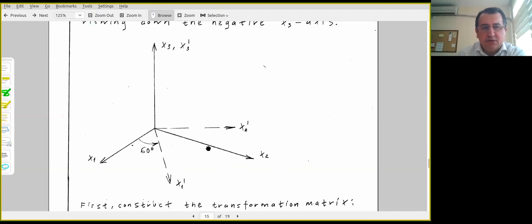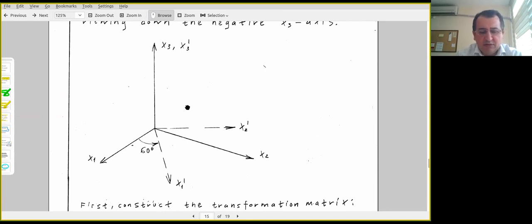That's our original coordinate system, x1, x2, x3. It's the new coordinate system. And we have to construct a transformation matrix, so that's A_ij or A.